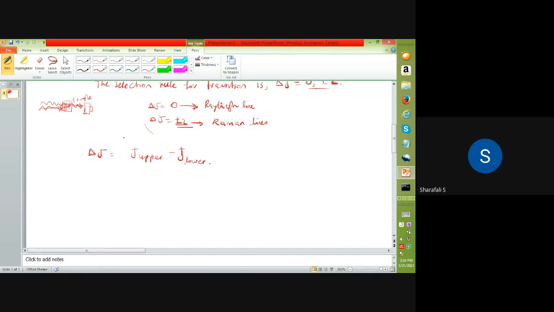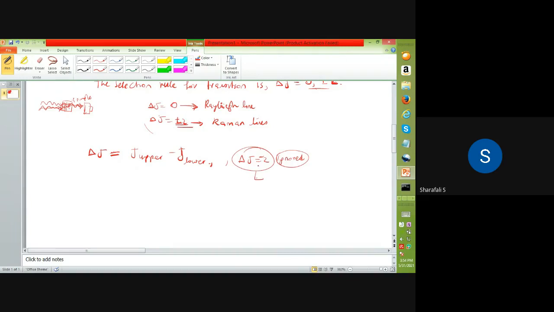This is the conventional way of writing the change in J. In this case, we can ignore delta J equal to minus 2. Delta J equal to minus 2 is ignored.